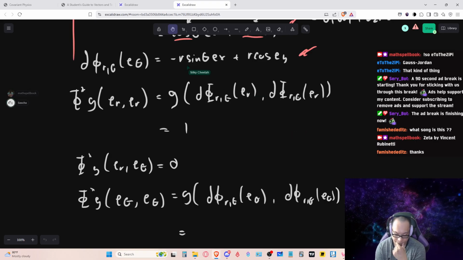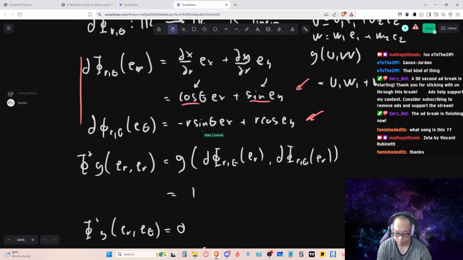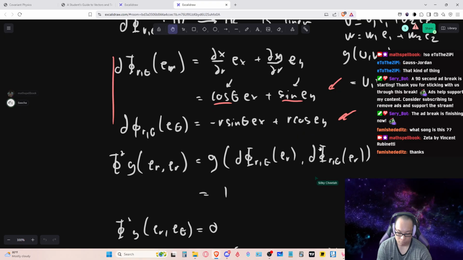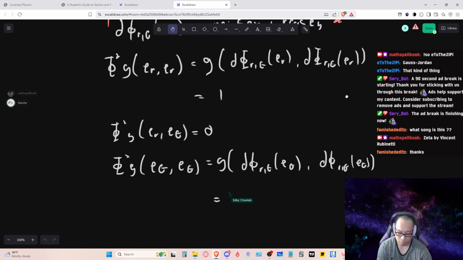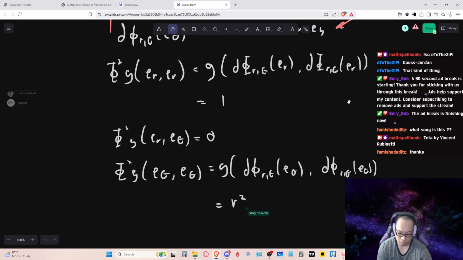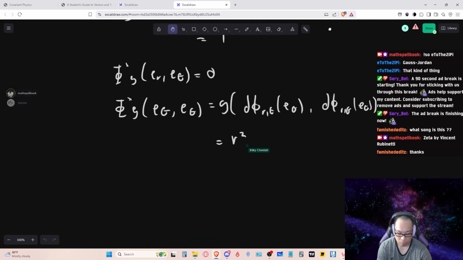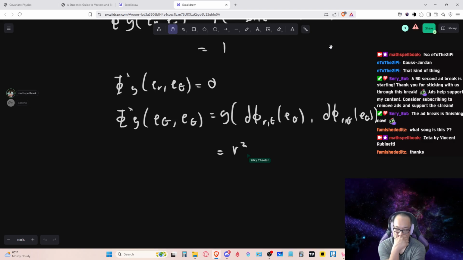What would we get here? We get minus r sine squared plus r cos theta squared, so we just get r squared. And now we're done.